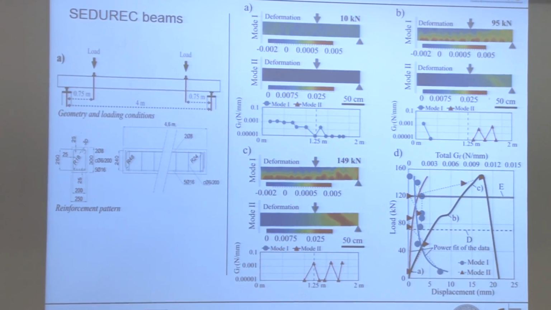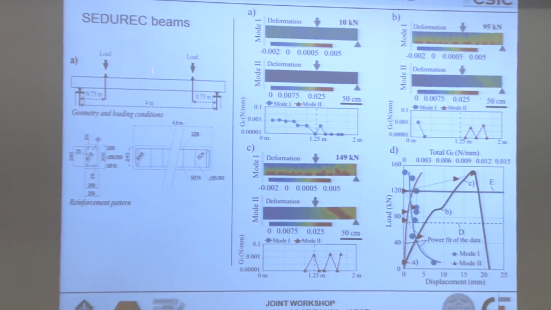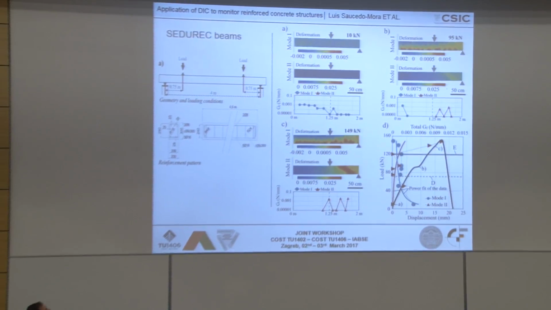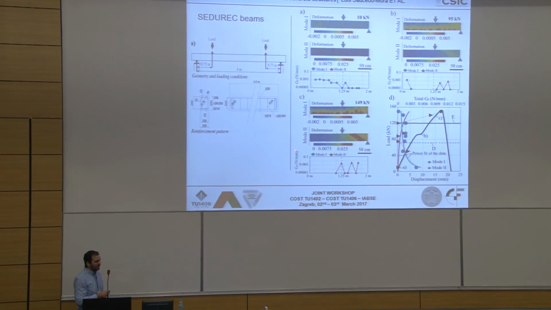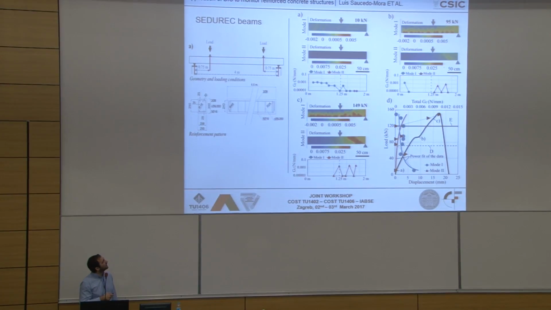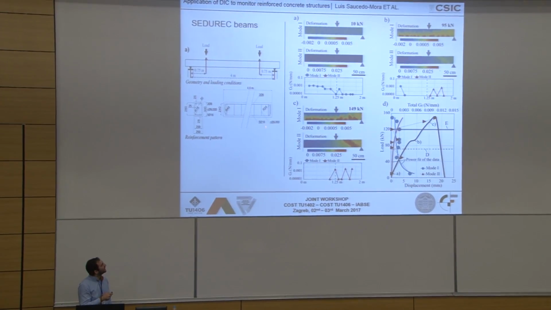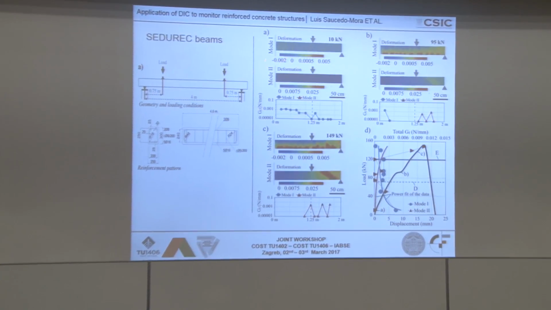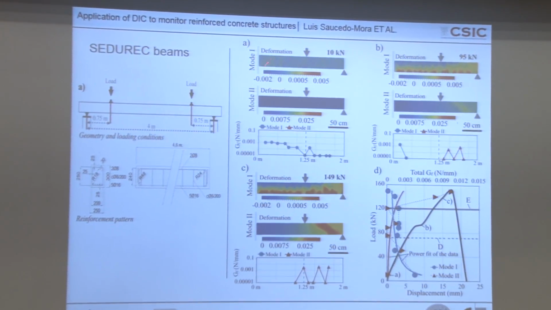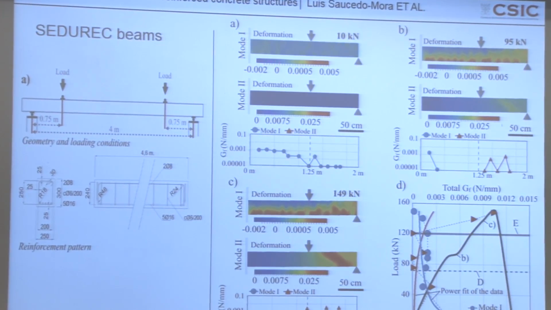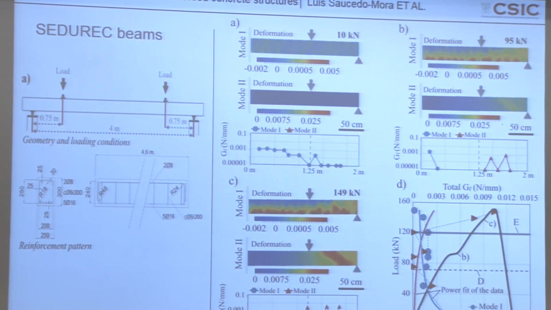And so the first one is going to break in shear, and we see it for the different points. For example, point A is very early in the load displacement curve, so with a very low load, but we can see, although it's hard to see here with the light, that there are some regions of strain concentration that produce this non-linearity.